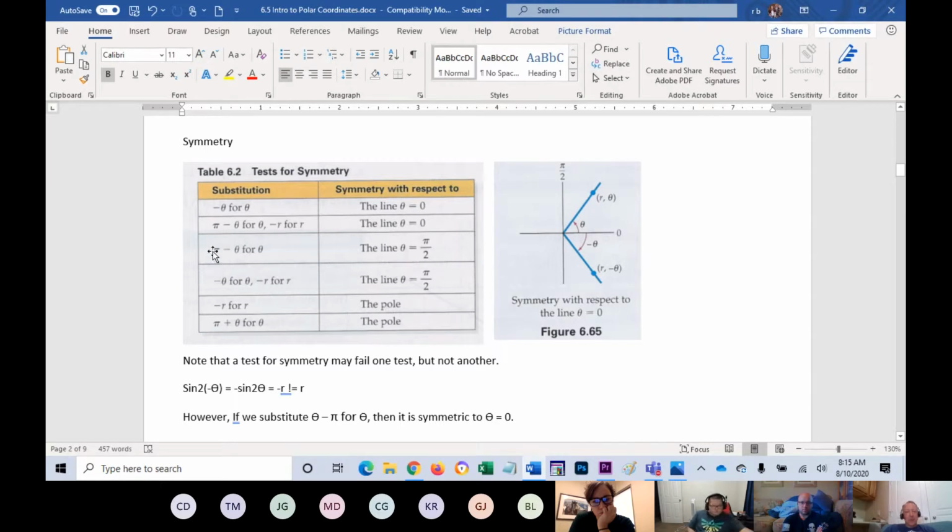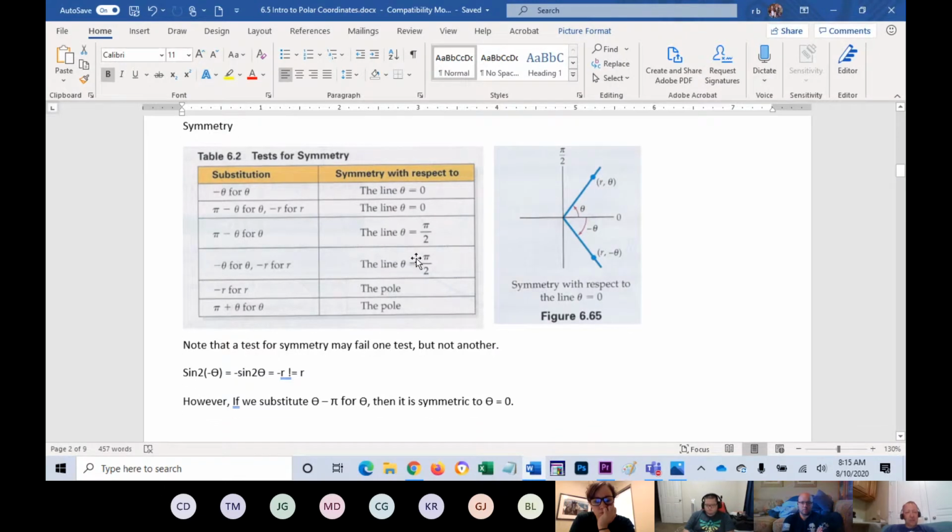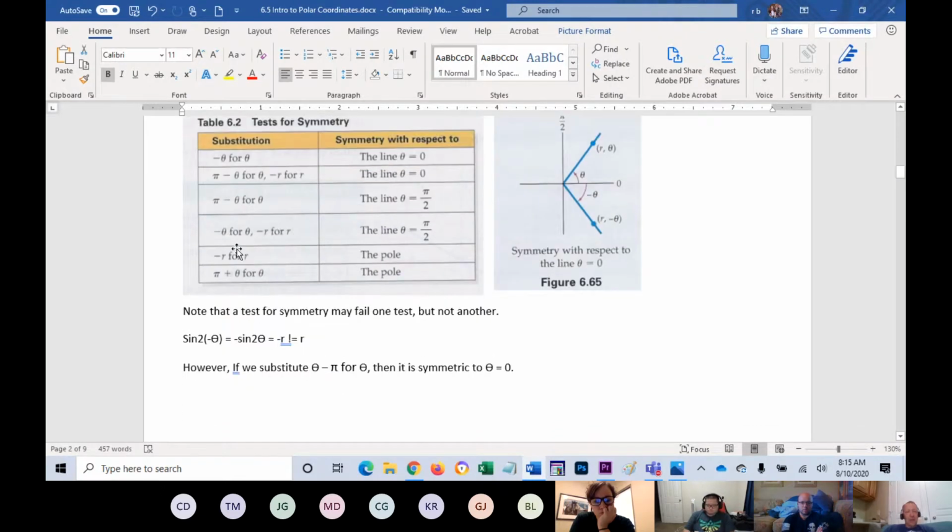So if you can substitute pi minus theta for theta, that can show symmetry to the line theta equals pi halves. If you can substitute negative theta for theta and negative r for r, that also shows symmetry to the line theta equals pi halves. If you can substitute negative r for r, then that shows symmetry to the pole.